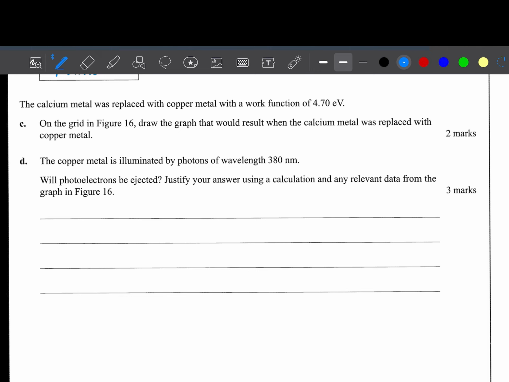The copper metal is illuminated by photons of wavelength 380 nanometers. Will photoelectrons be ejected? Justify using your calculation and any relevant data from the graph in figure 16.